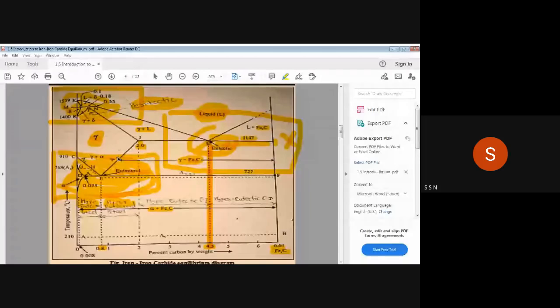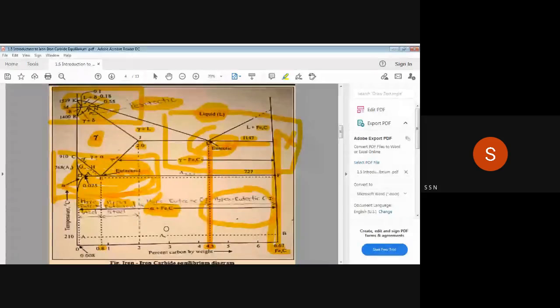gamma. If you look below from here, because at this temperature lower than this 727, what is the phase here? Alpha plus Fe3C is present, and on this side totally Fe3C is present, extremely right hand side, and towards the left it is alpha plus Fe3C.